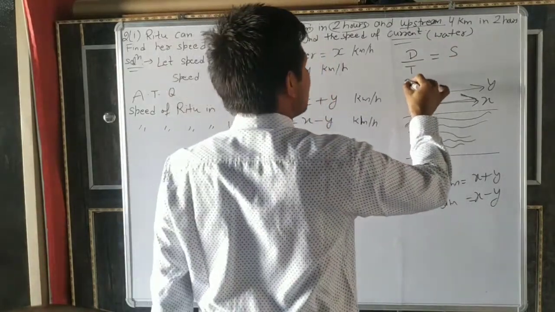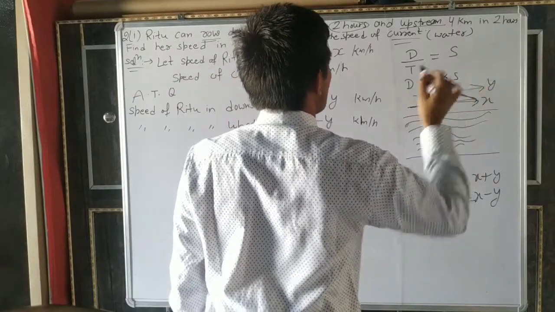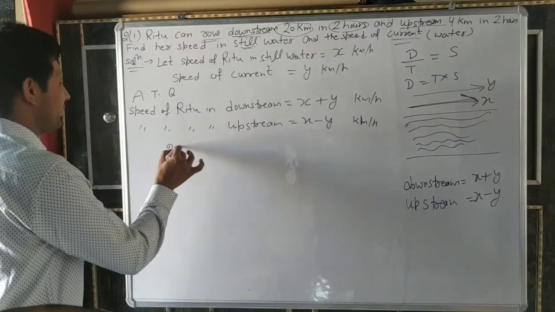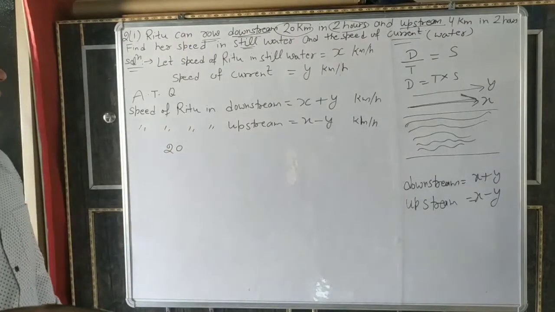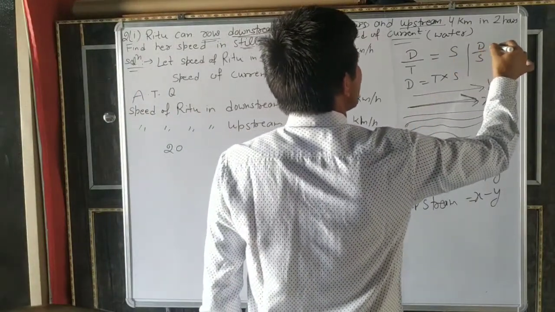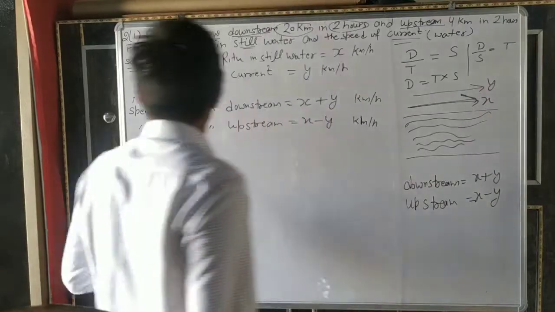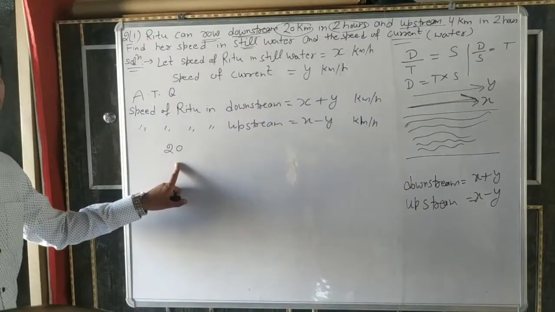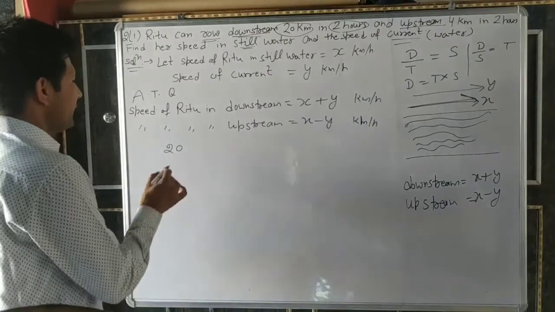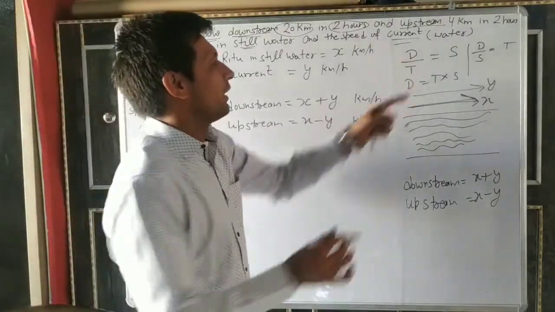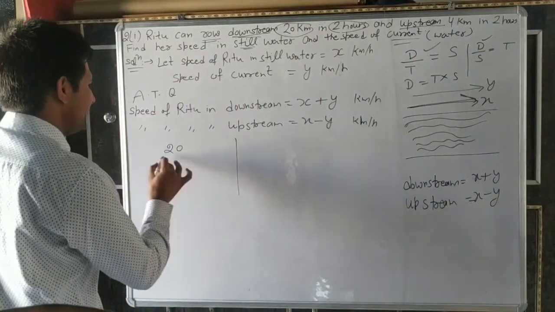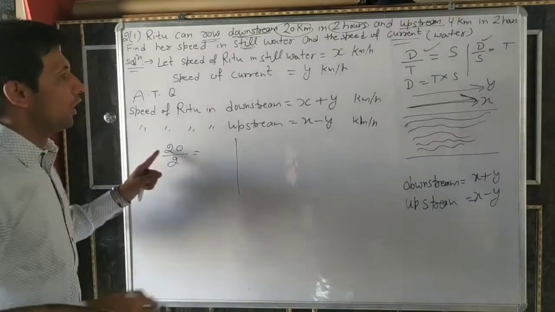Otherwise you can write distance equals time into speed, or distance divided by speed equals time. Any one you can use. So what is given? Distance, 20 kilometer. Distance divided by time equals speed.